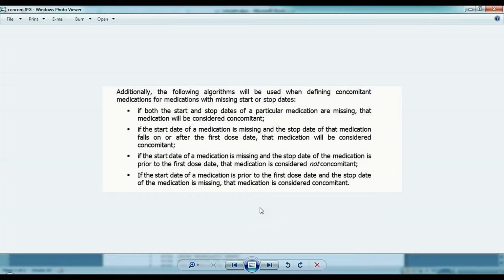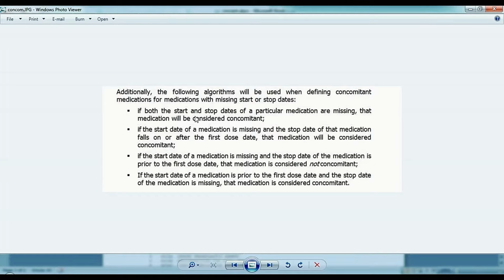Other than the basic definition, the SAP mentioned some other definitions also, so I can consider those. As per my SAP, if both the start date and stop date of a particular medication are missing, it is also considered a concomitant medication. That means CMSTDTC and CMENDTC are both not collected.